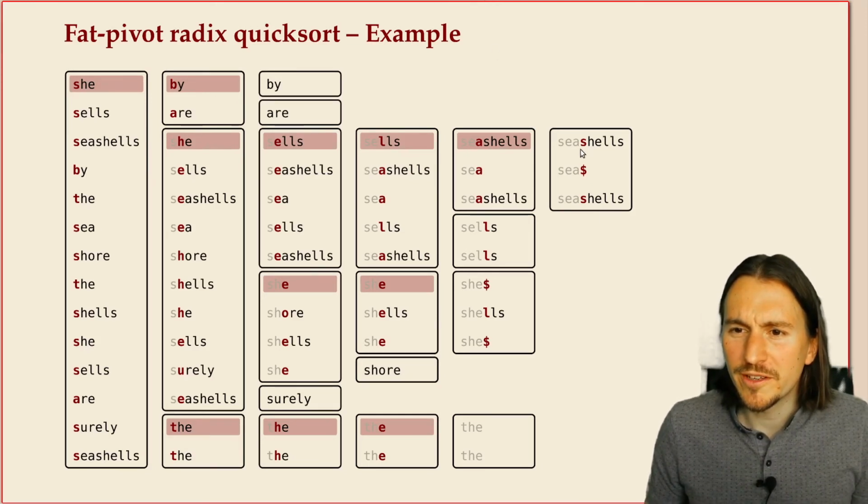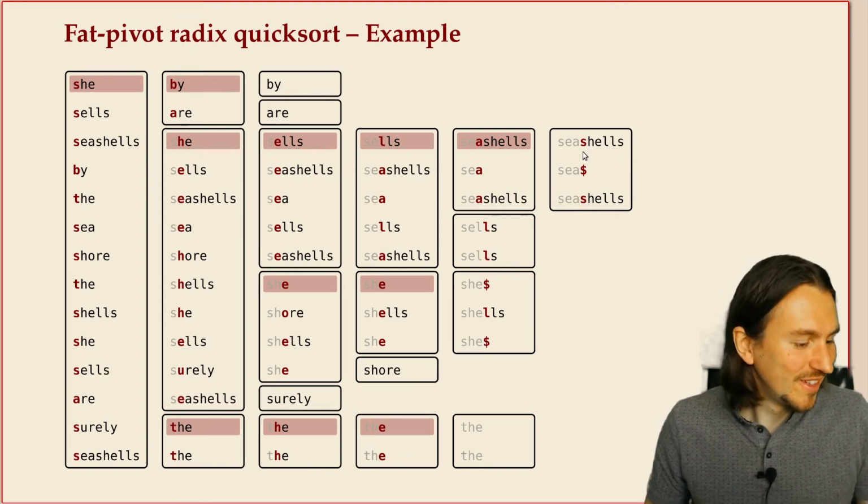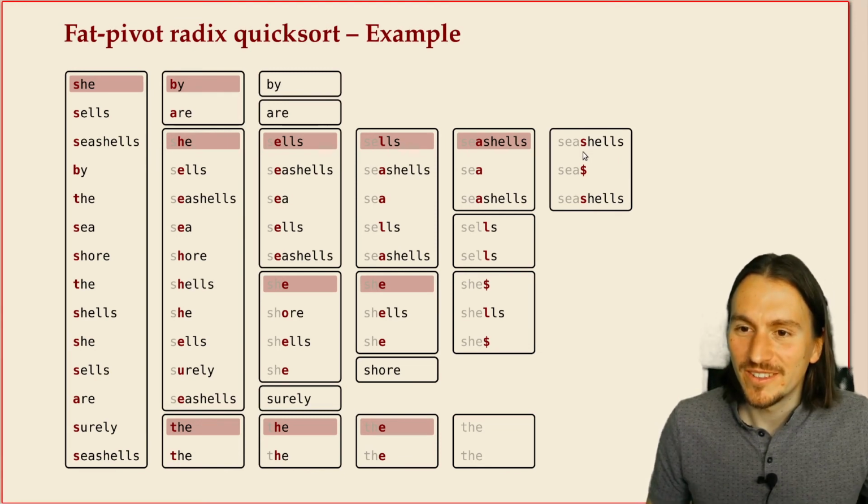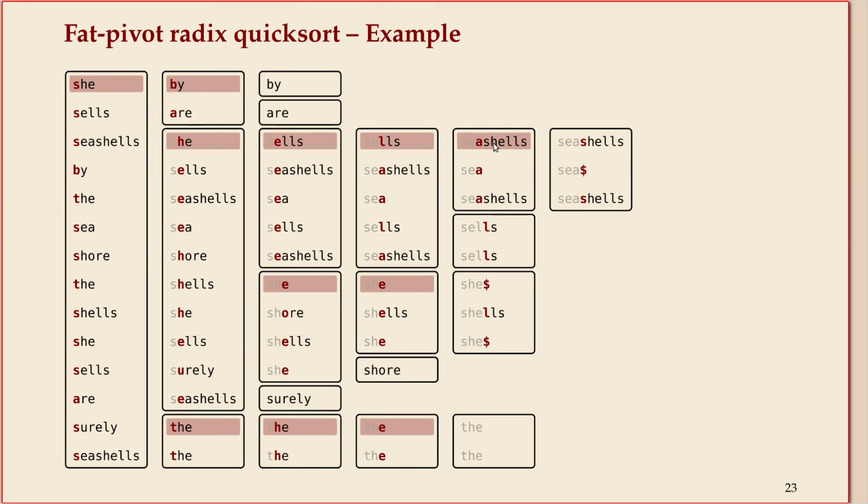And one more here. So here we have to continue with the pivot. Again, we find these are all the same, so we move to the next position in the string. Same happens for these. And here we split off the two equal ones, go here, and then that's a bigger one.